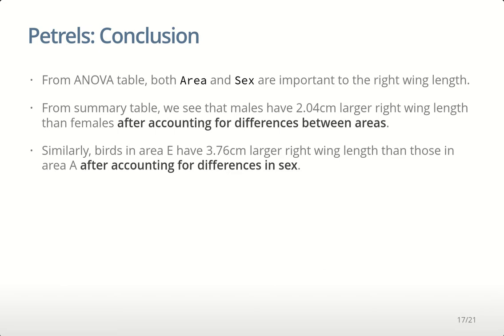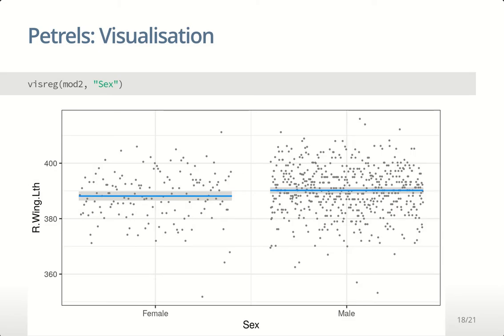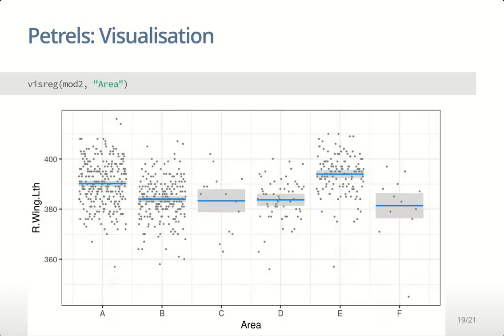Okay. And we can see that when we visualize the model too. So here's the sex difference, and here's the area differences. So our conclusion here is actually quite a bit stronger than the conclusion that we've been able to make previously. Previously, when we looked at these data, we couldn't really tell if the area effect was potentially due to the sex effect.